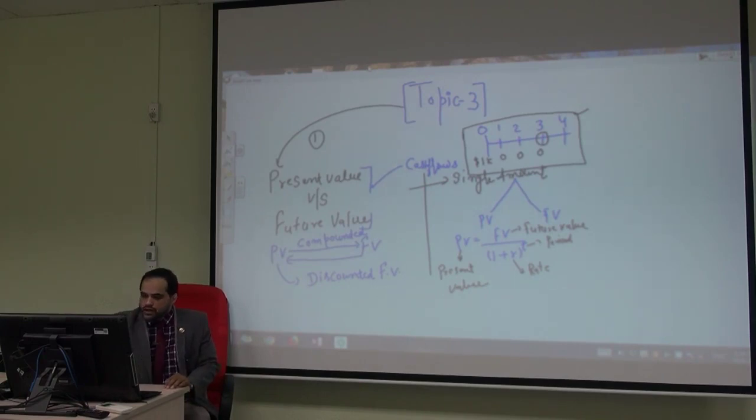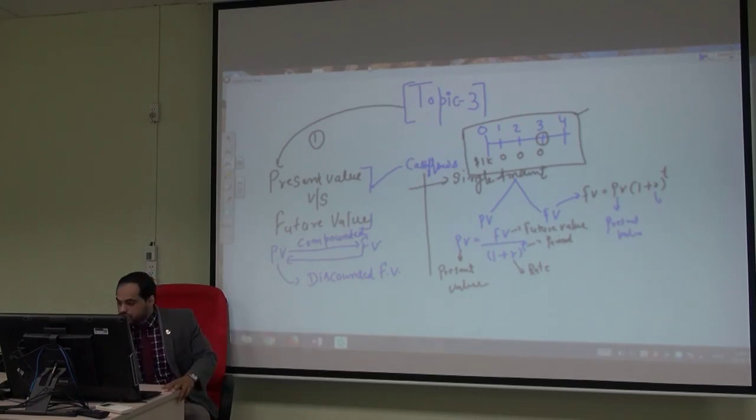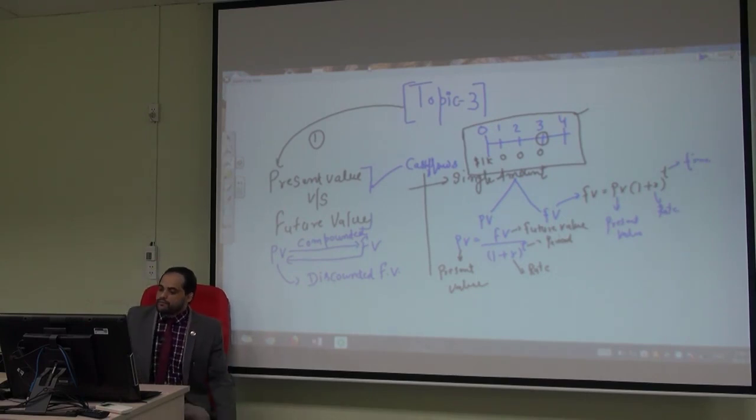The formula for future value is future value equals present value times (1 plus r) to the power t. PV stands for present value, r stands for rate, and t stands for time.